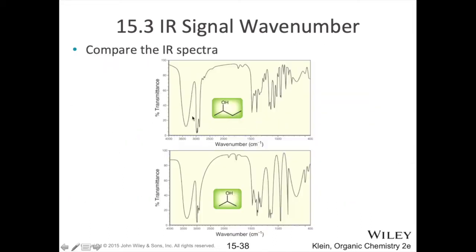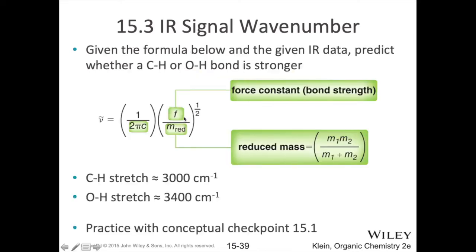So we know that these have to be either oxygen-hydrogen or carbon-hydrogen bonds. Well, we know that oxygen-hydrogen bonds are stronger than carbon-hydrogen bonds, and that alone will tell you that this peak is from the oxygen-hydrogen. That peak must come from that OH bond, because those bonds are stronger and therefore have a higher wave number.